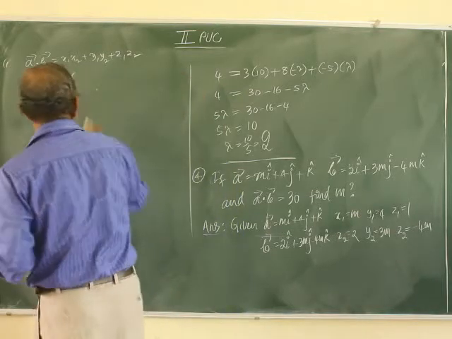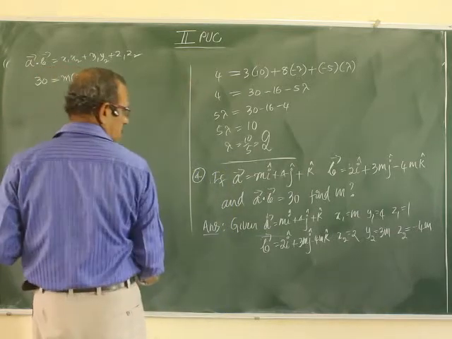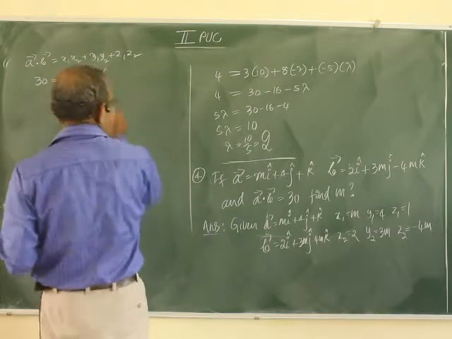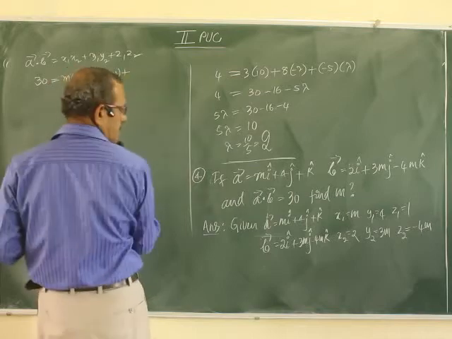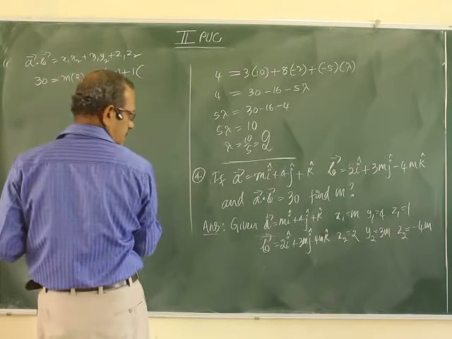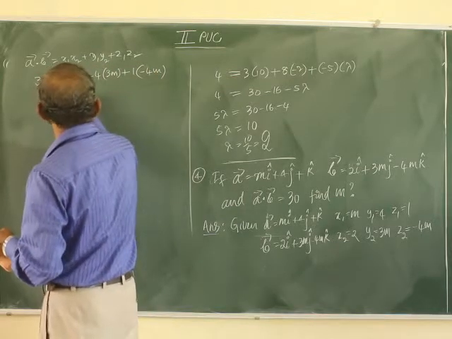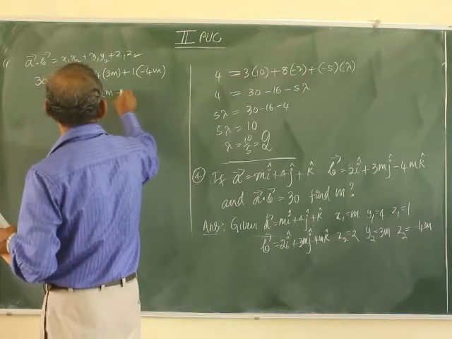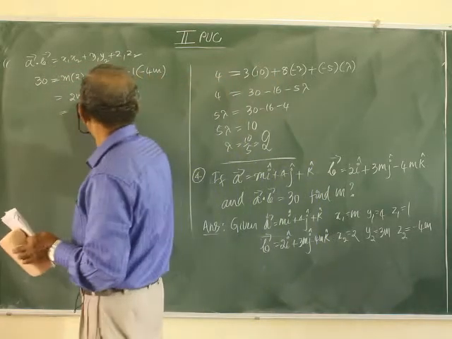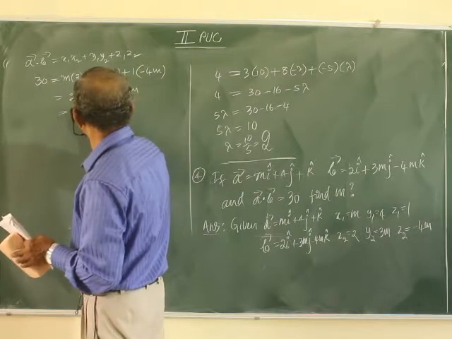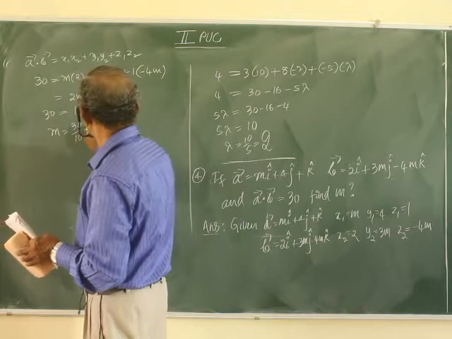So 2m plus 12m minus 4m. 14 minus 4, 10m, or m equal to 30 by 10, 3.